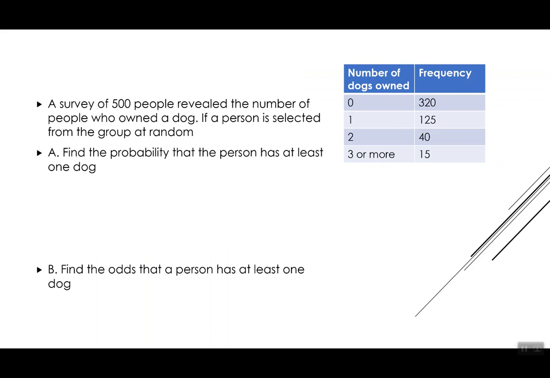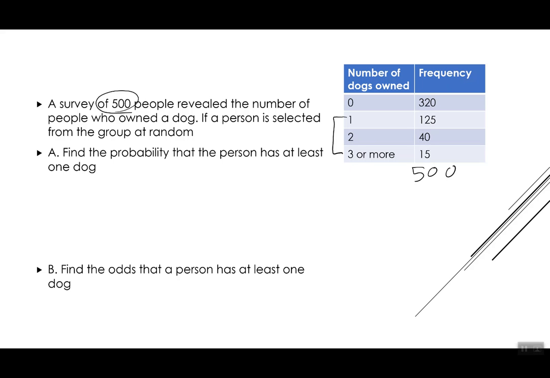Let's look at a chart. This chart says a survey of 500 people revealed the number of dogs they own. If a person is selected from the group at random, let's find the probability the person has at least one dog. At least one dog means one dog or more, so here I have 1, 2, 3 or more. One thing we need to remember is that we have this total of 500.